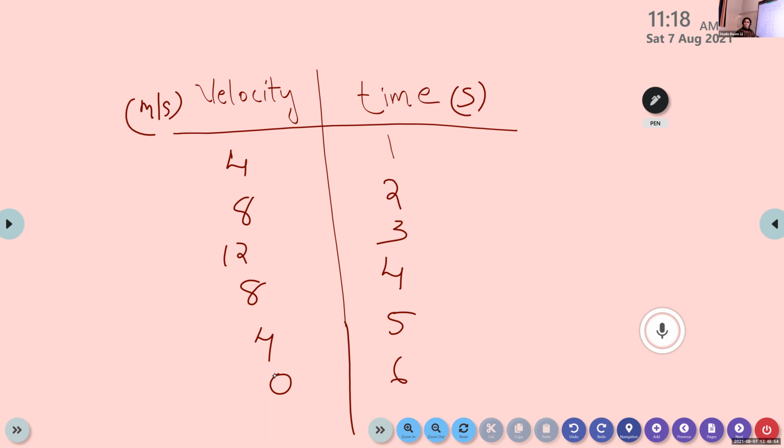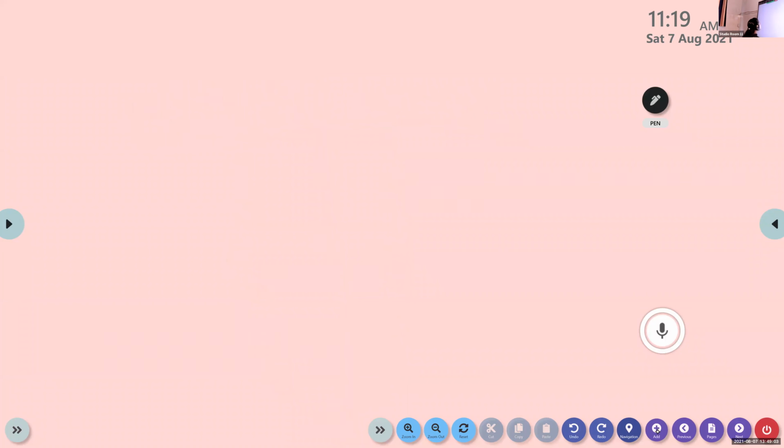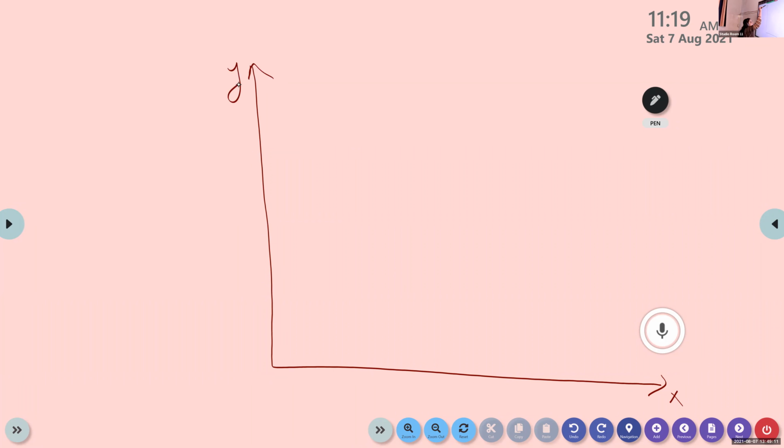Now, can you draw the velocity time graph? Is it possible? Now we can easily draw the velocity time graph. Draw the x and y axis. In a velocity time graph, time is taken along the x-axis, in seconds.